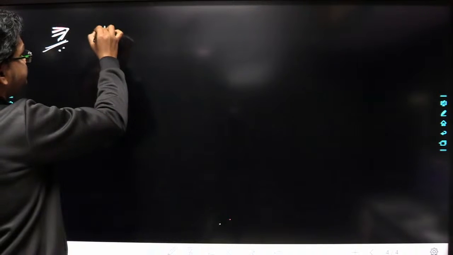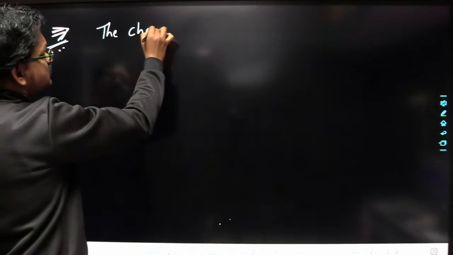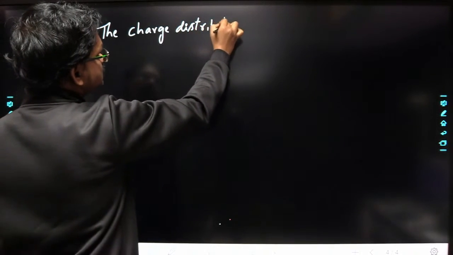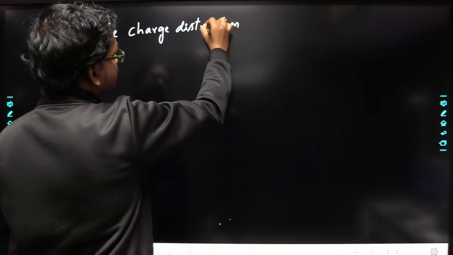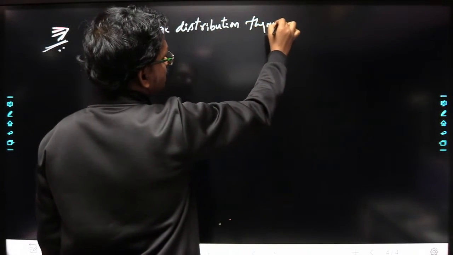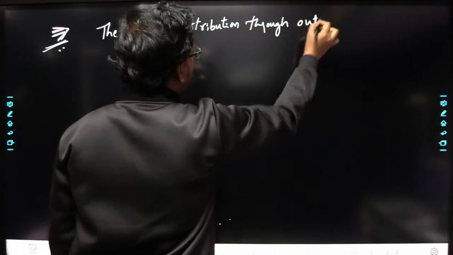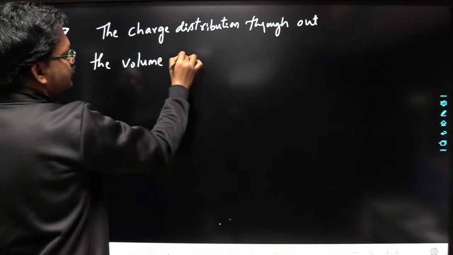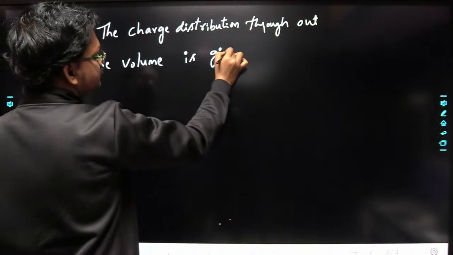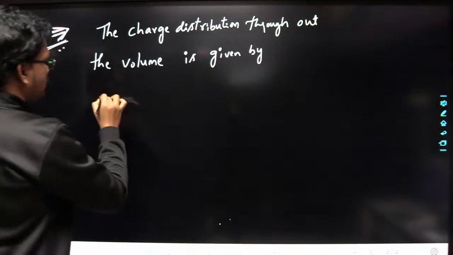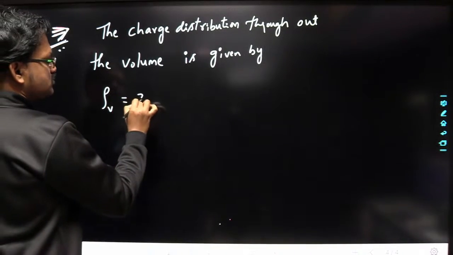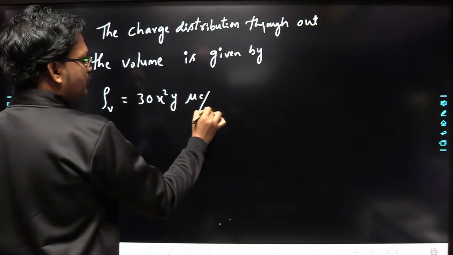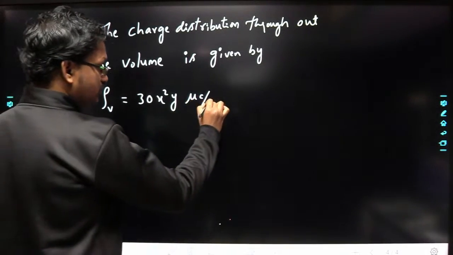Now here the charge distribution throughout the volume is given by rho v is equal to 30 x square y microcoulomb per meter cube.